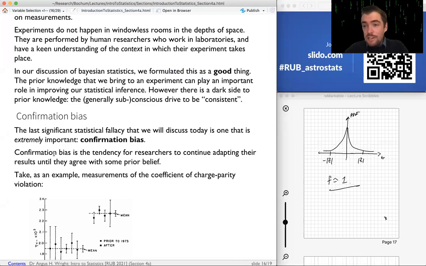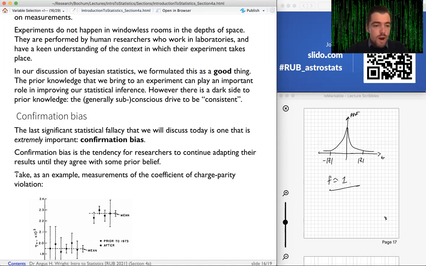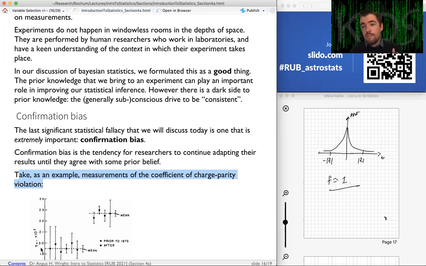You can see it in lots and lots of different experiments, in lots of different fields of the natural sciences. But there are one or two really nice examples of it. One is in the value of this parameter eta plus minus, which is to do with the coefficient of charge parity violation in particle physics.